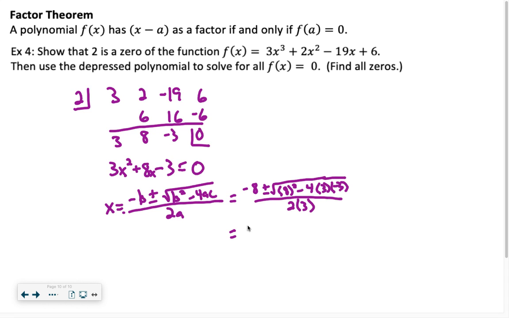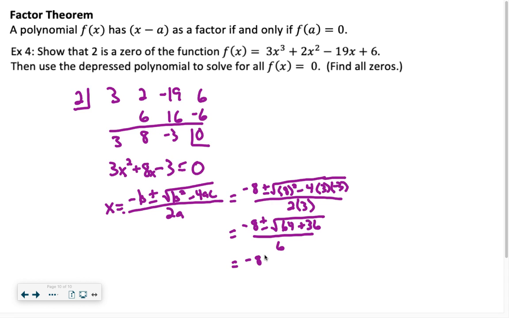So let's simplify. We get negative 8 plus or minus. So 8 squared is 64. And then negative 4 times 3 would be 12 times 3 would be 36. So this will be plus 36 all over 6.